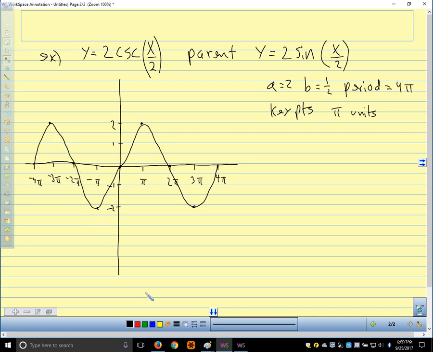There we go. I'm going to sketch in my asymptotes everywhere the parent function crosses the x-axis. We get one there. And then I'm just going to put my function between the asymptotes.